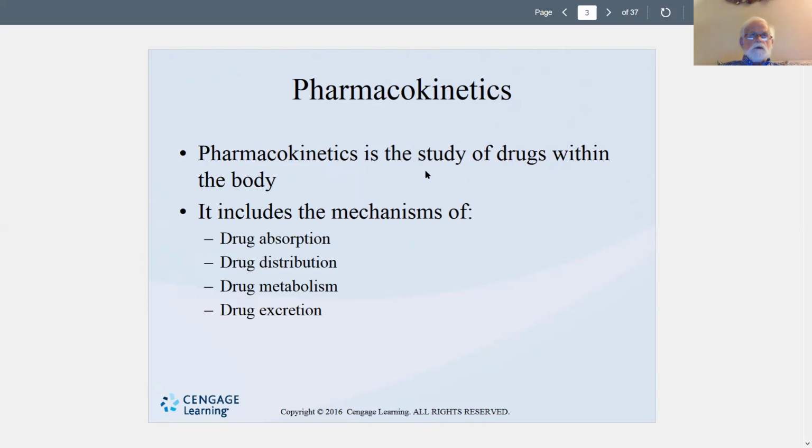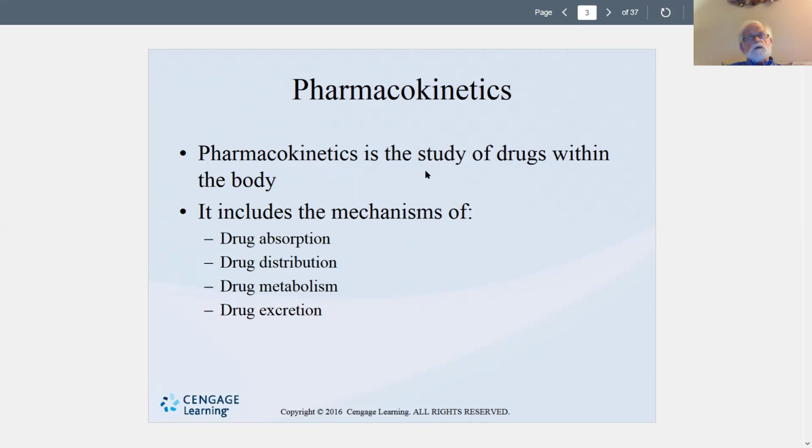So there are lots of things we have to think about. And what we want to be doing is looking at how the body deals with drugs, because this is one of the major sources of drug interactions. This is the science of pharmacokinetics, which looks at multiple steps in the life of a drug in the body. First off, the drug is absorbed.